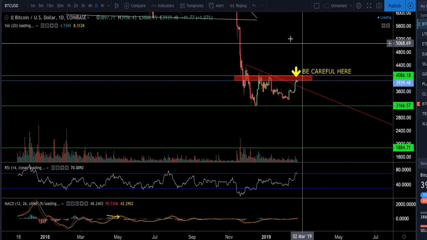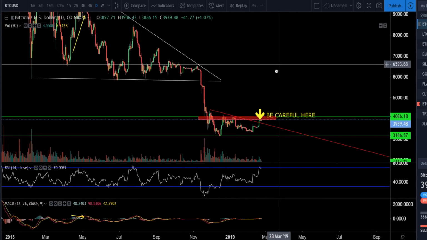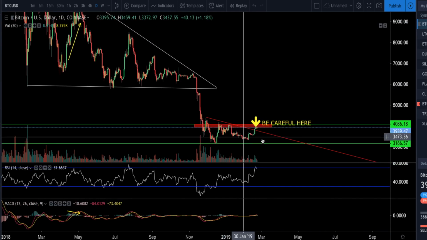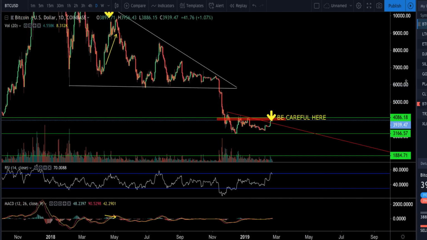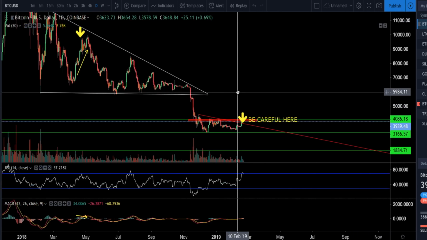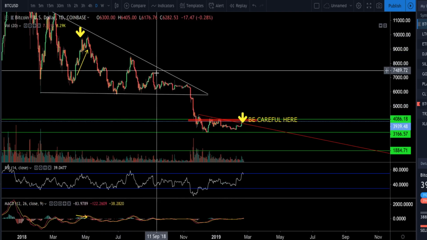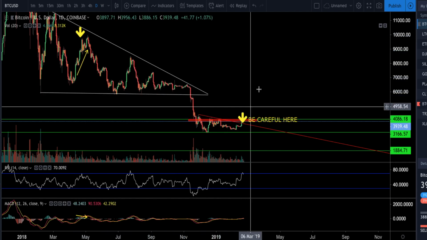In Bitcoin's case, this is what we looked at zoomed in, and it looked really good on the 1 hour chart until you zoom out and think, oh, I guess technically we are right here. We're still making lower high after lower high after lower high.